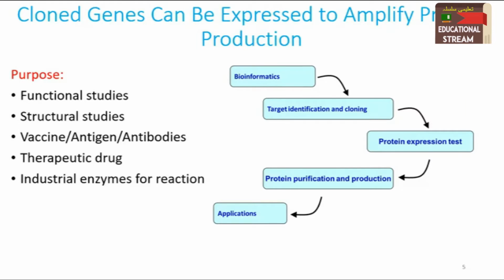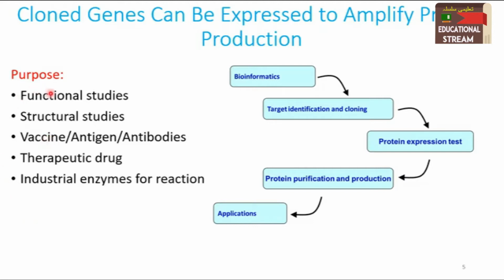First we will see that cloned genes can be expressed to amplify protein production. Frequently, the product of a cloned gene rather than the gene itself is of primary interest, particularly when the protein has commercial, therapeutic or research value. Biochemists mostly use purified protein for various purposes.